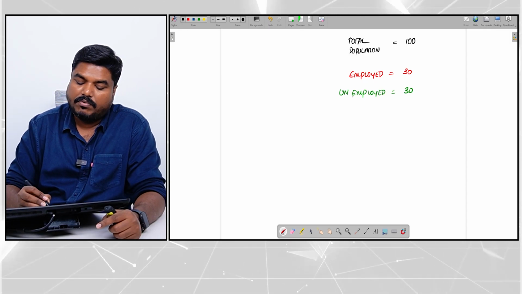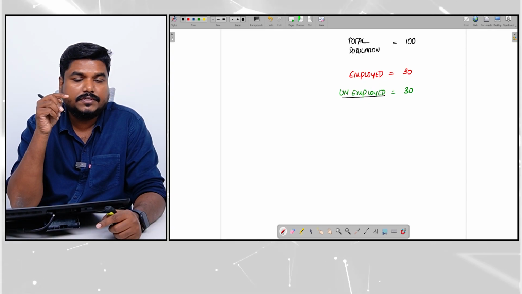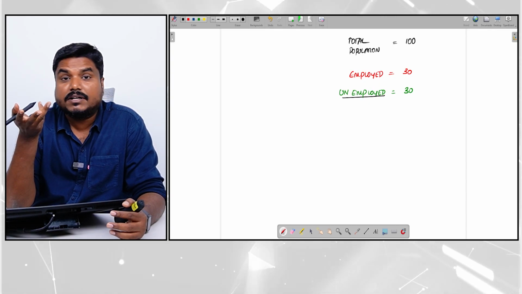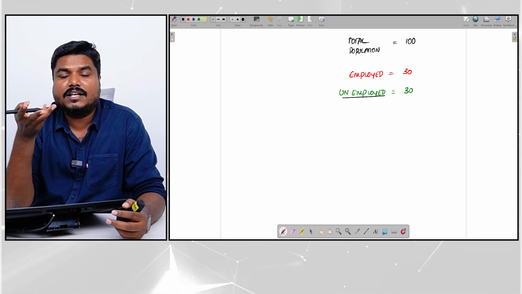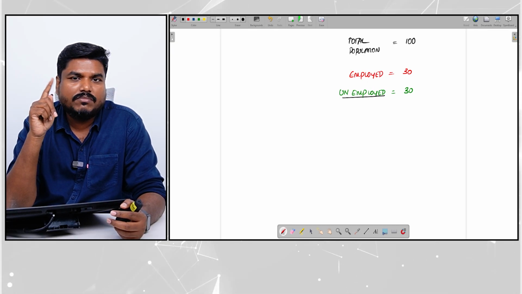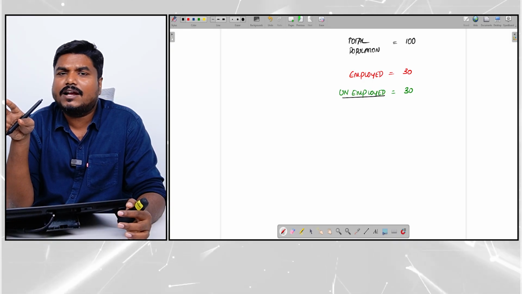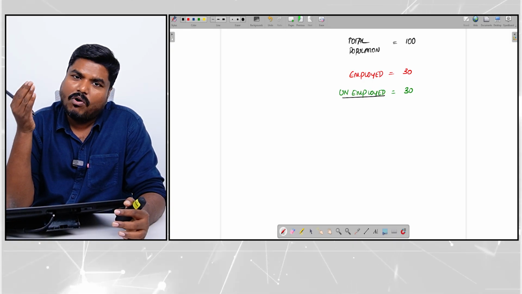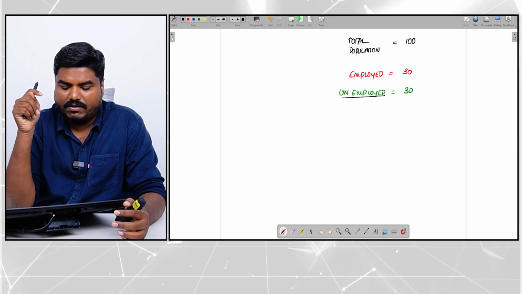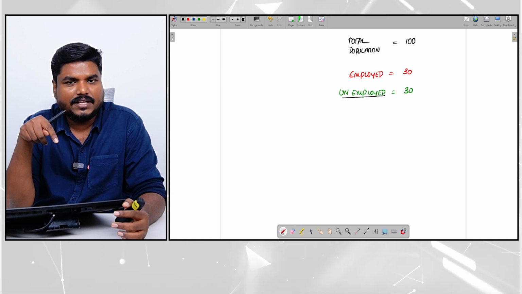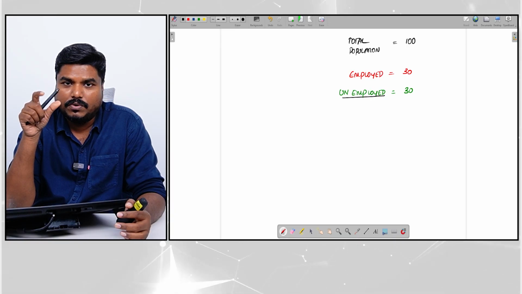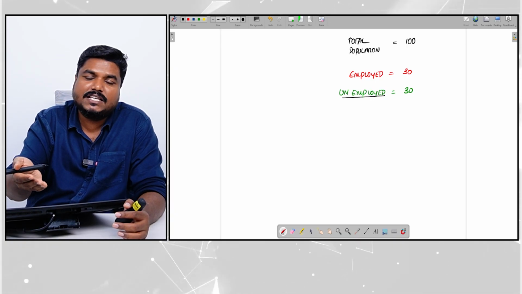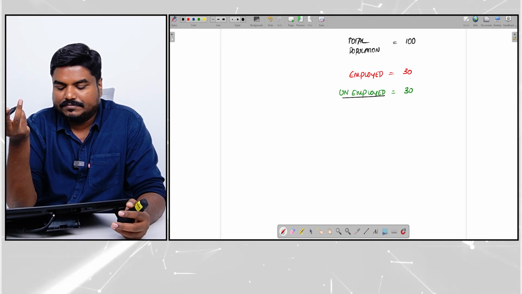When I say unemployed, I am referring to those who are willing to work but did not get a job. I am not talking about those who are voluntarily unemployed; forget about them. They will not be part of the unemployed category. Unemployed refers to people who are actively seeking a job but are not getting one.